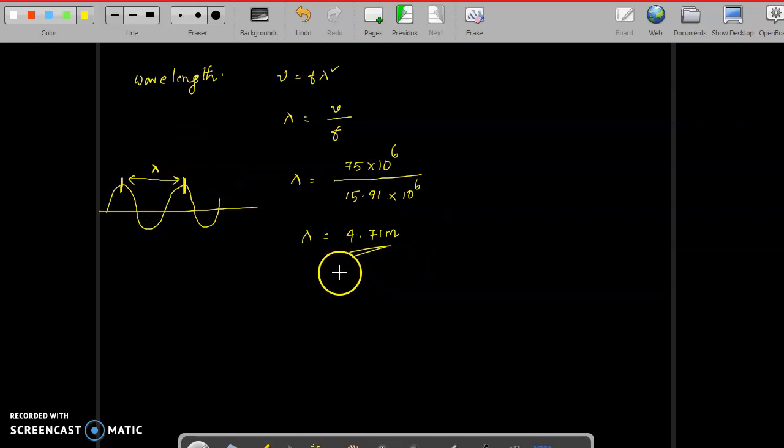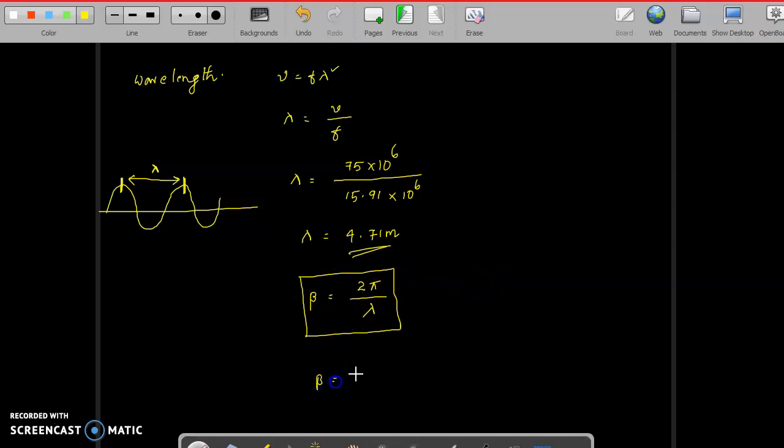There is another formula which connects the wavelength and the phase shift constant: beta equal to 2 pi by lambda. This is very important, the expression which connects the phase shift constant and the wavelength.